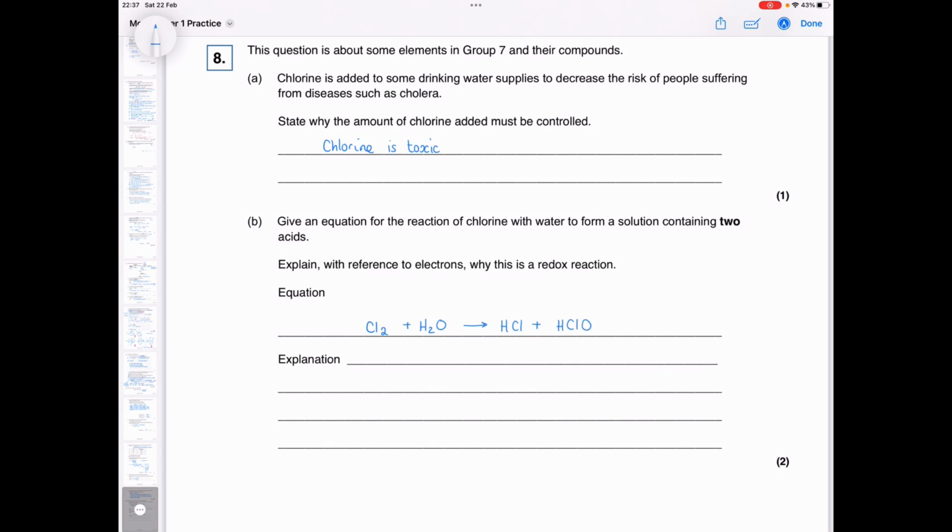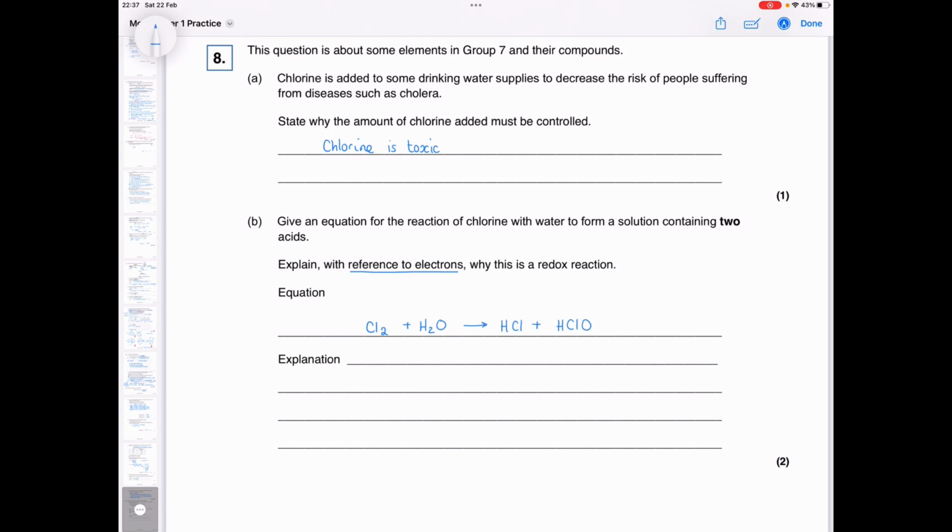Explain with reference to electrons why this is a redox reaction. So we're explaining this with reference to electrons, and so need to be very careful to make sure we are exactly answering that question.